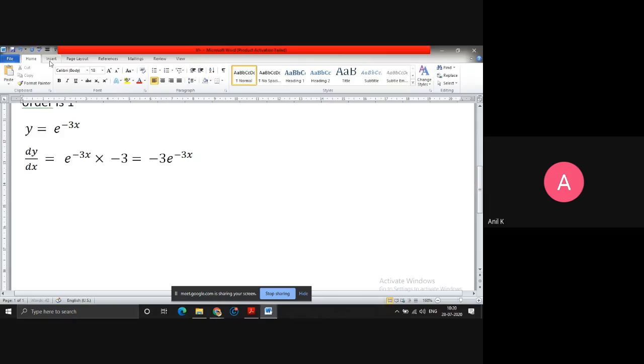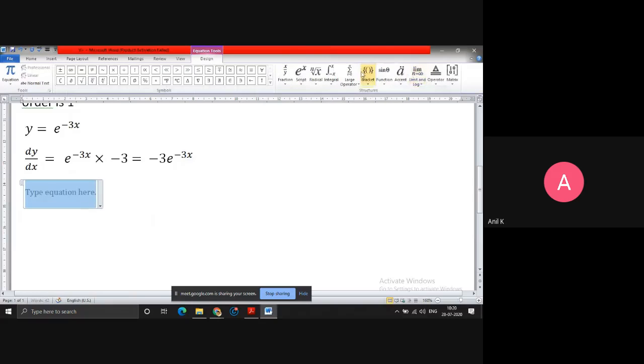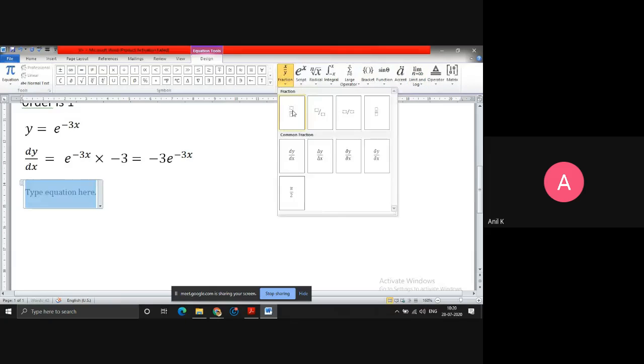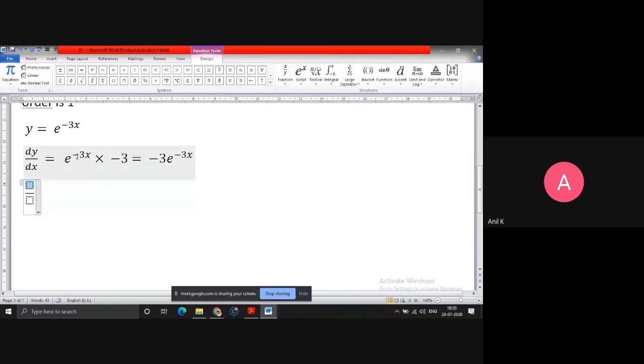What will come in the second order derivative? d square y by dx square will come. At least can you tell me what will come? d square y by dx square. The second time you have to differentiate this one.